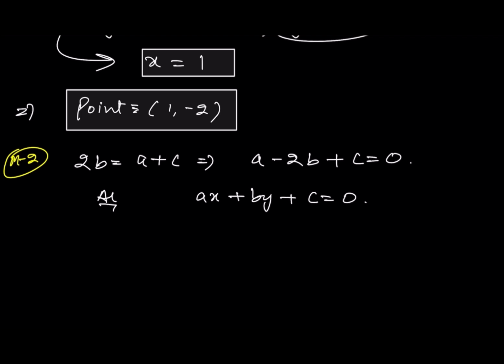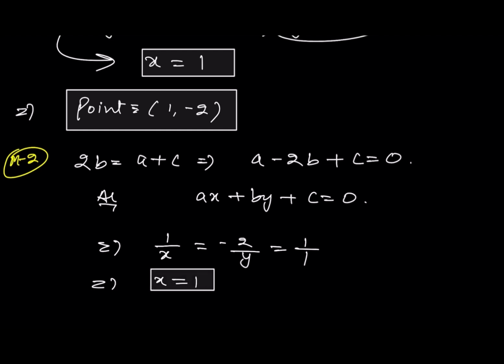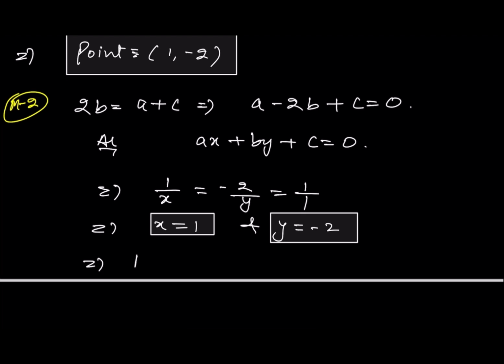These two lines are identical. If lines are identical, then coefficients are in the same ratio, or proportional, meaning a/1 = b/(-2) = c/1, which implies x = 1 and y = -2.